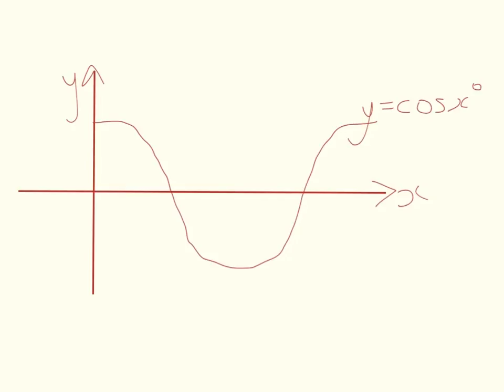But the important points to note again are the degrees. This is where our revolution of cos would finish, so this would be 360 degrees. The halfway point, the minimum, is at 180 degrees, and the two cutting points are at 90 degrees and here 270 degrees.